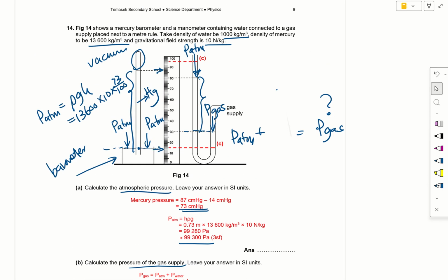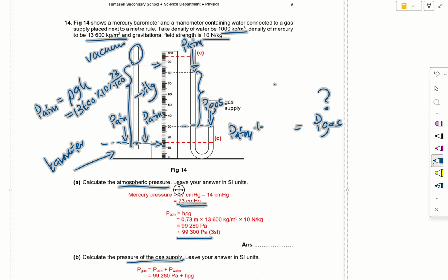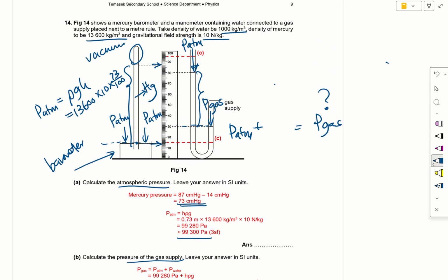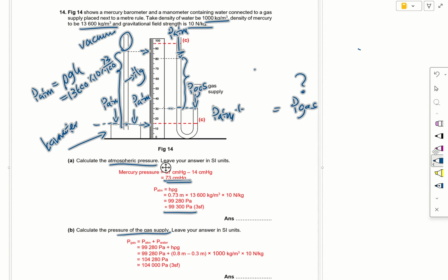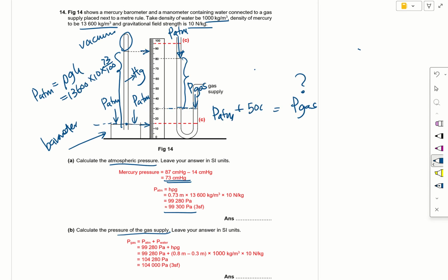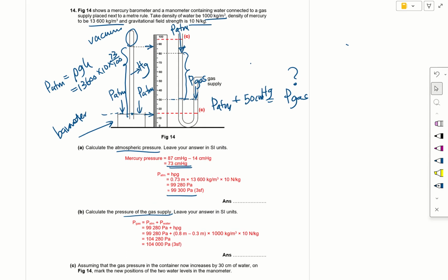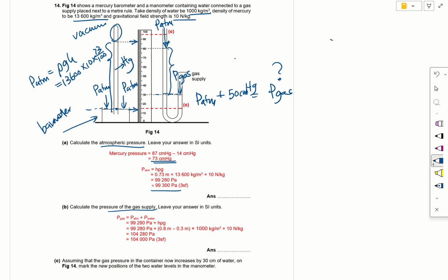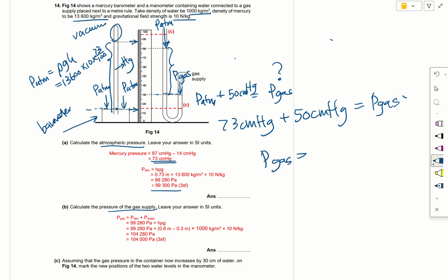This height is 80 cm versus 30 cm, so it will be 50 cm Hg because both are filled with mercury, right? So P_ATM we have already calculated is 73 cm Hg, plus 50 cm Hg equals P gas. Therefore, P gas is actually 123 cm Hg.